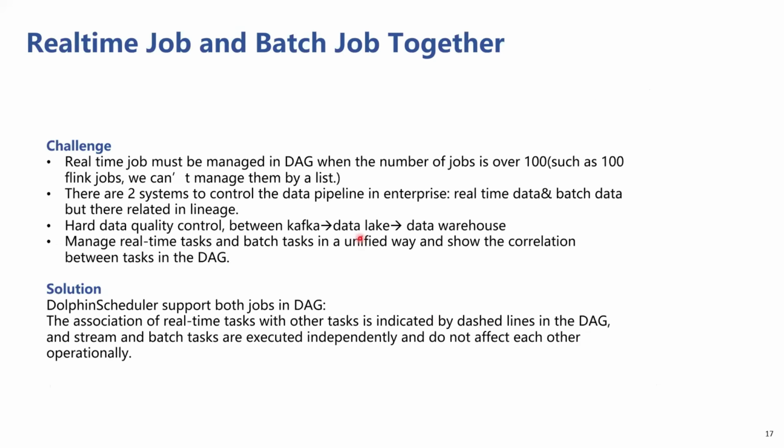So let's jump into the next feature, about real-time and batch jobs together. That means if you have over 100 Flink real-time jobs, it's very difficult to maintain. But with DolphinScheduler, we can use projects. We can use the DAG to manage huge numbers of real-time jobs.